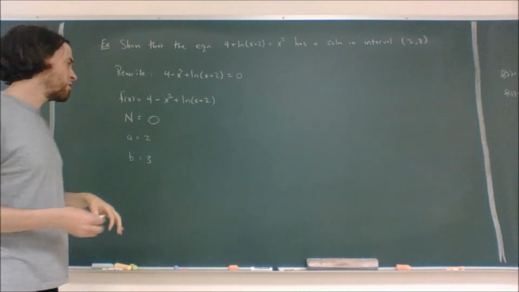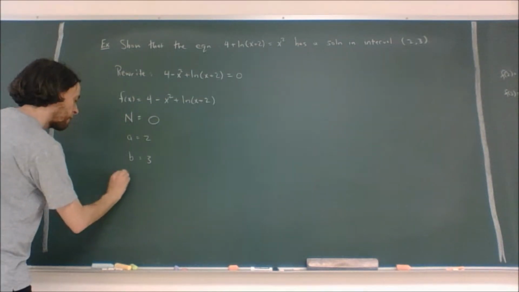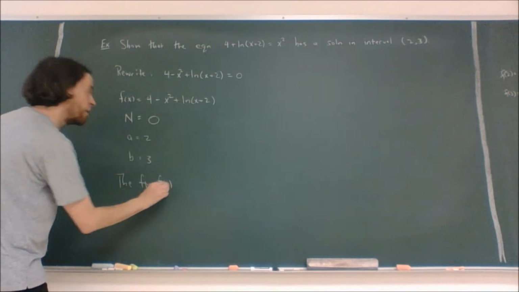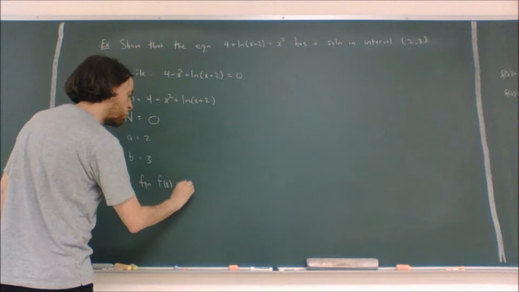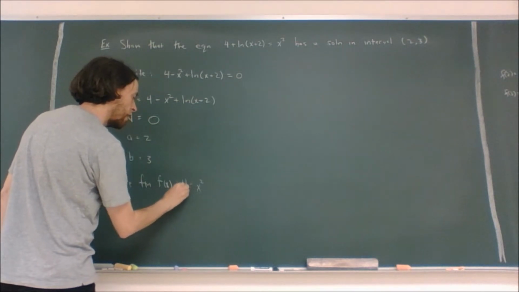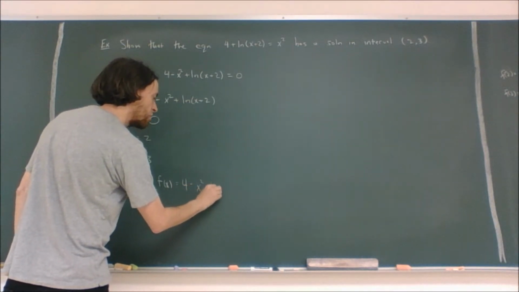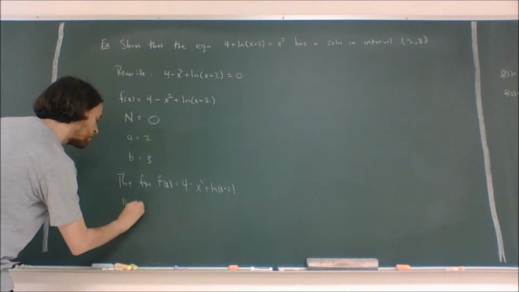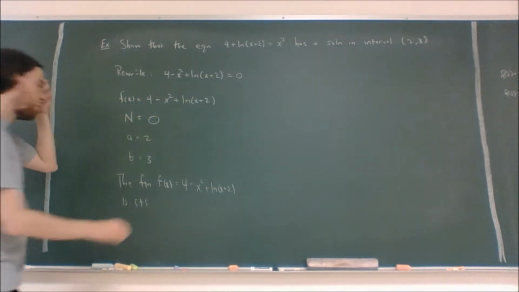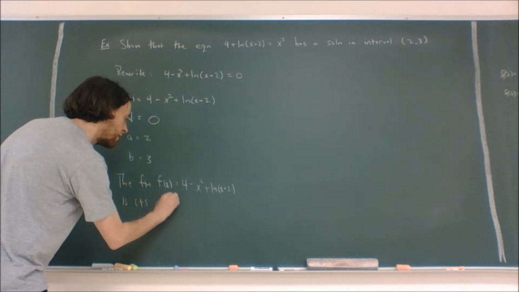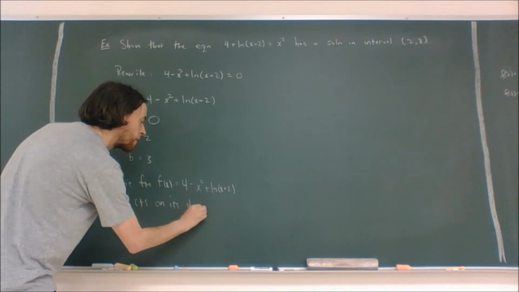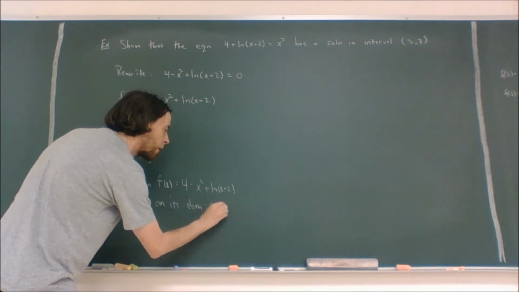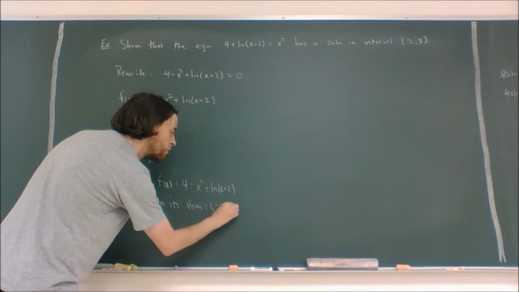All right. So we'll sum all this up in the following way. The function f of x equals 4 minus x squared plus natural log of x plus 2 is continuous on its domain, negative 2 to infinity.